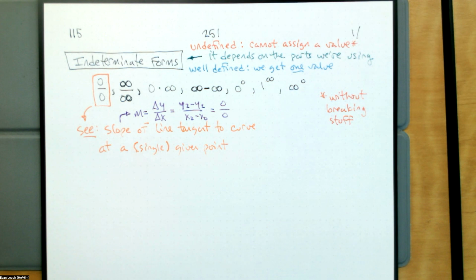But only in certain cases is this 0 over 0 undefined. Sometimes 0 over 0 is undefined. Sometimes 0 over 0 is 0. Sometimes 0 over 0 is some constant.